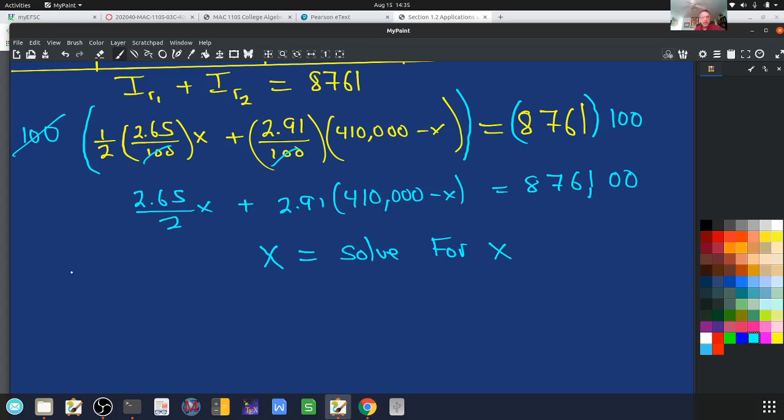But the important part here is the setup. There's no way to make these decimals go away, so we're going to be doing decimal multiplication at some point, and I don't want you to actually do it without a calculator, because that's what calculators are for, right?